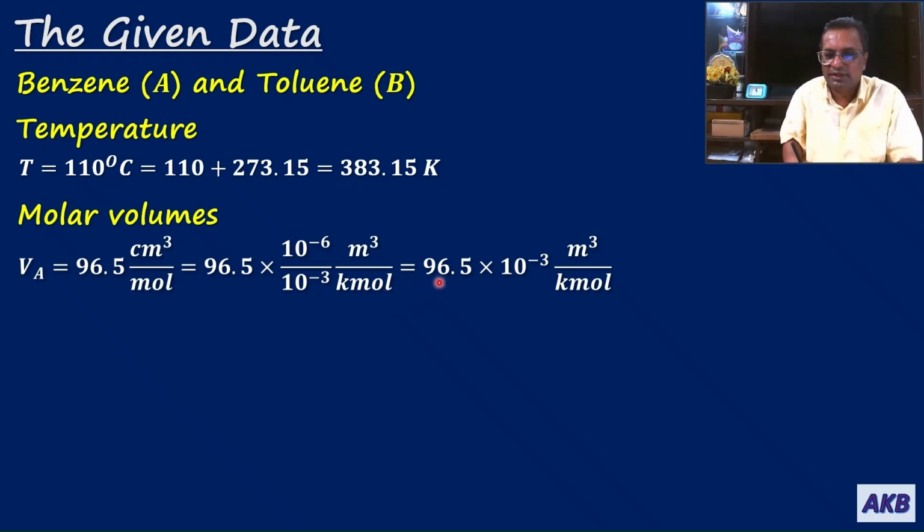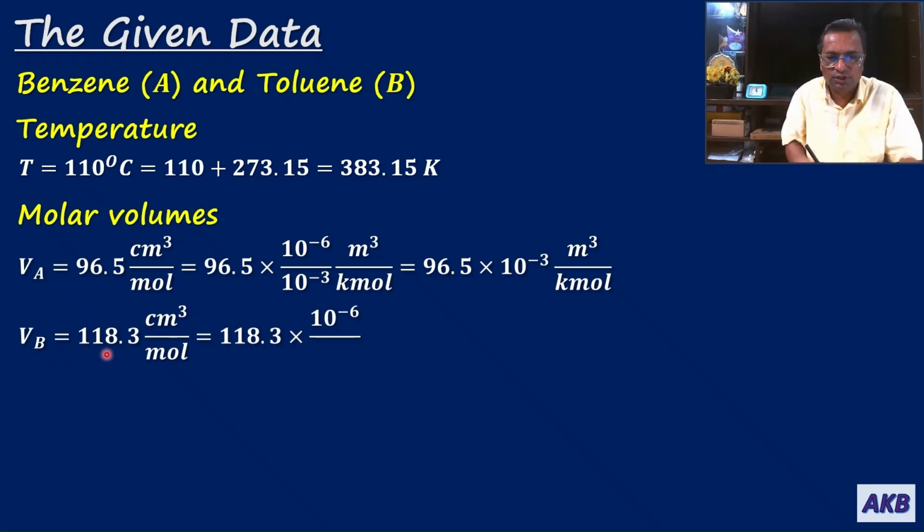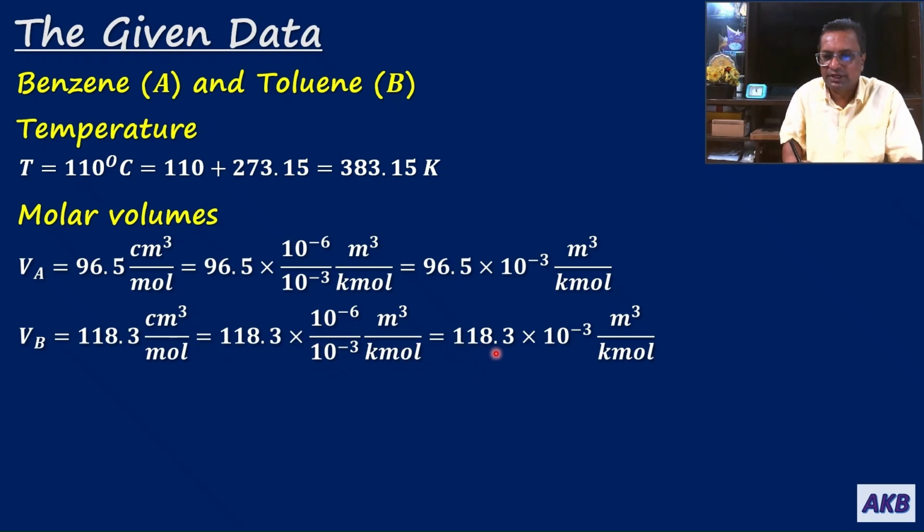That is nothing but 96.5 into 10 to the power minus 3 meter cube per kilomole. Then for toluene, the molar volume V_B is 118.3 centimeter cube per gram mole, that is 118.3 into 10 to the power minus 6 divided by 10 to the power minus 3 meter cube per kilomole. That is 118.3 into 10 to the power minus 3 meter cube per kilomole.